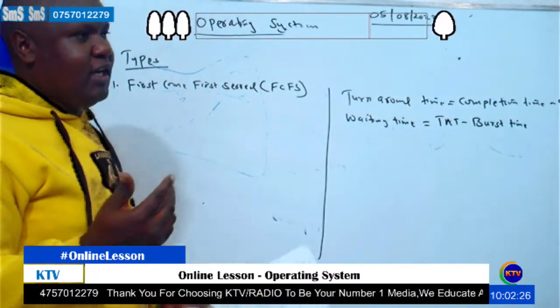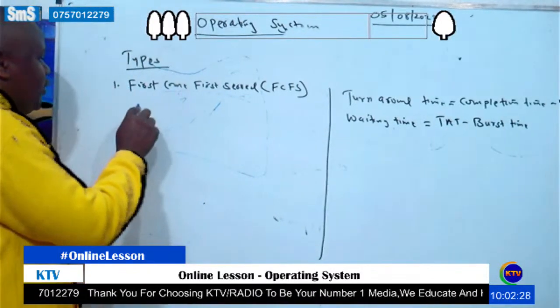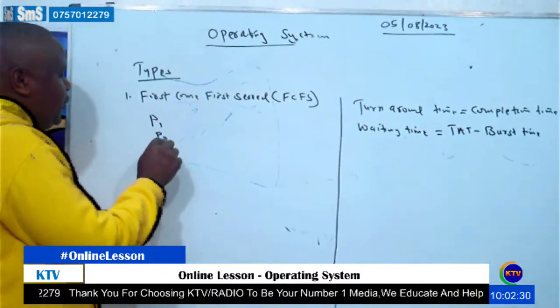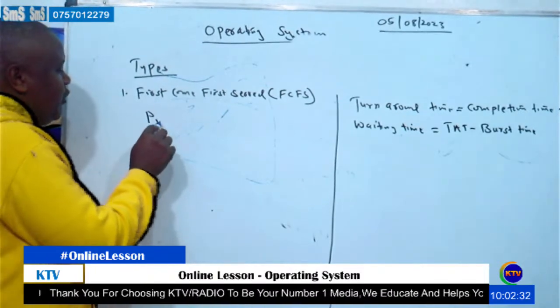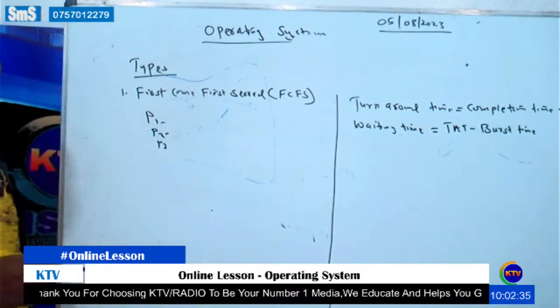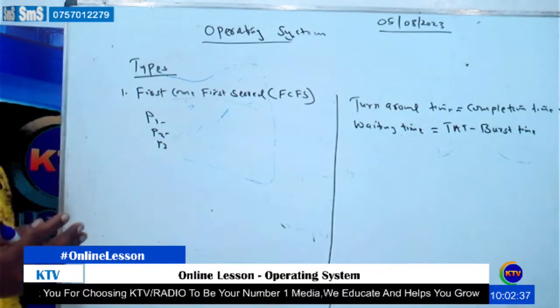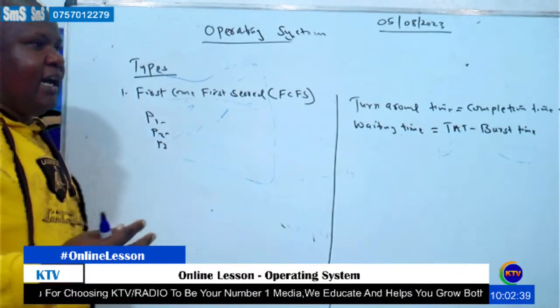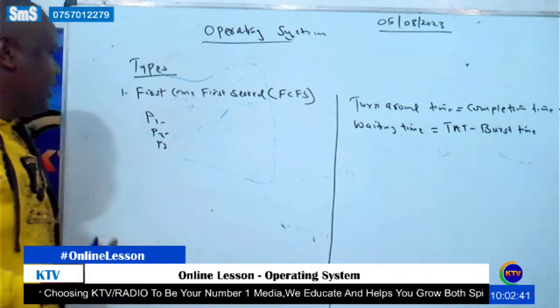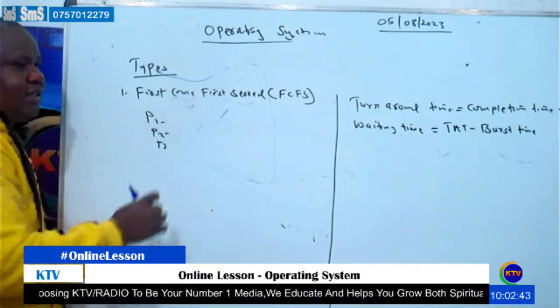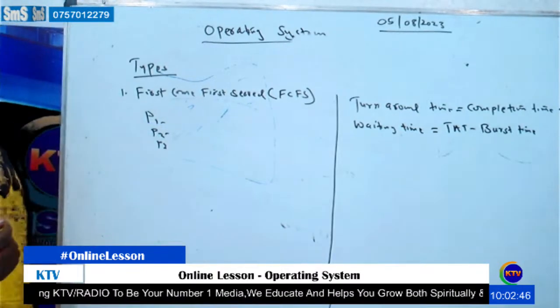Say we have process 1, process 2, process 3; the one which arrives earlier will be given the priority.